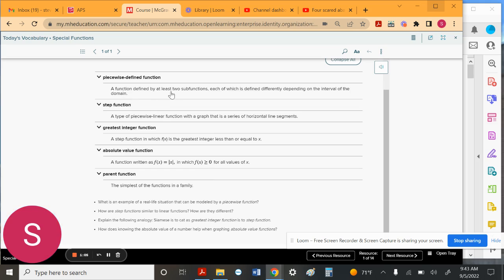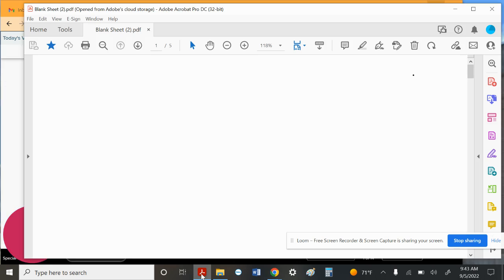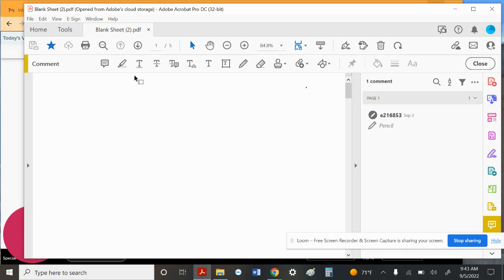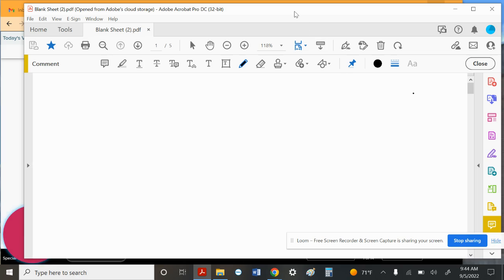So a piecewise function is defined by two subfunctions. So maybe it doesn't describe it very well. So anyway, we're going to look at this piecewise function. A piecewise function is something like this, and we have talked about it a little bit because we were looking at discrete functions. So if we have something like this, and we have, let's say a line that goes up to this point, then we have this part, and this goes to here, and then we have another one which comes down here, and then maybe goes like that.